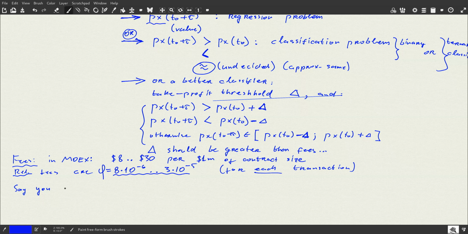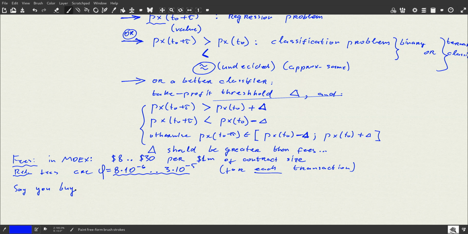Say you buy, obviously, you buy a minimum of 1 contract. And 1 contract is 1 lot is 1000 USDs. But suppose that it is just 1 per 1 USD. That's probably easier.